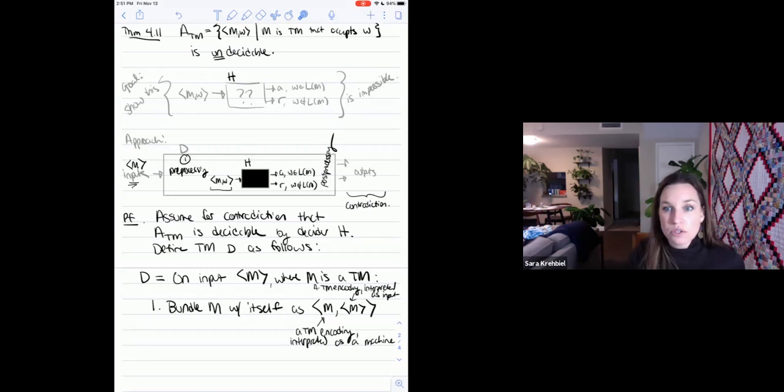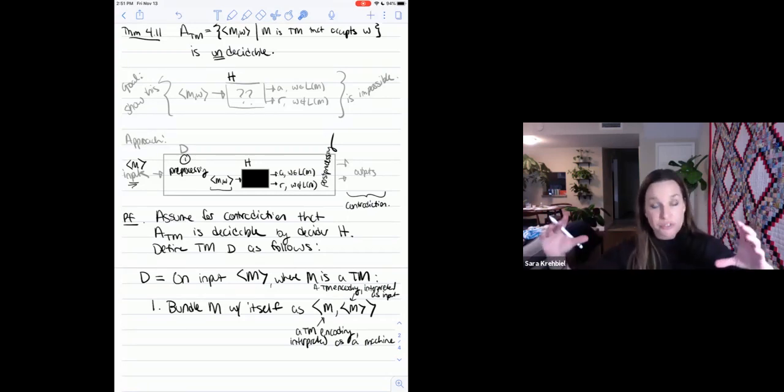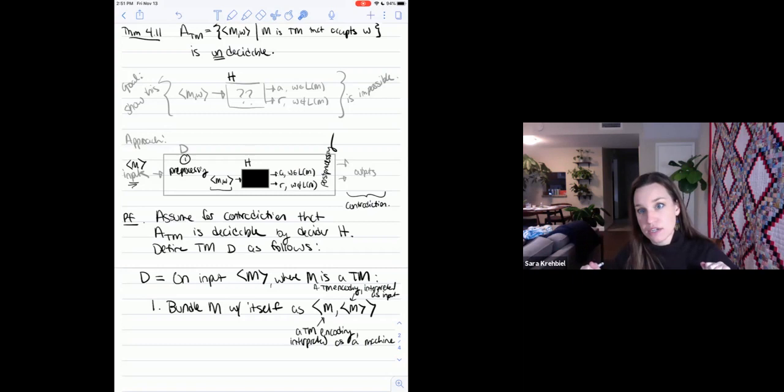If you create a DFA through JFlap and you save it, that is saved in some particular file format, which you could convert into binary. So that binary thing is a bit string. That's a bit string that encodes a machine, but if I want, I could take that bit string and just feed it into your machine and see if your machine accepted itself.